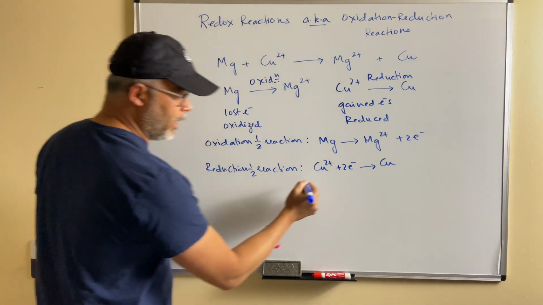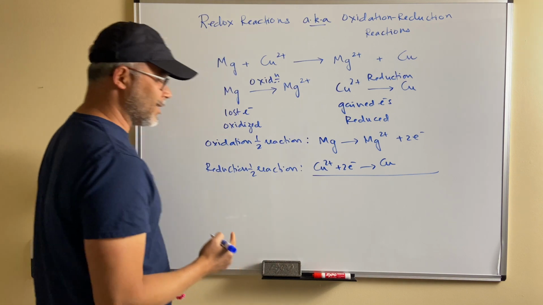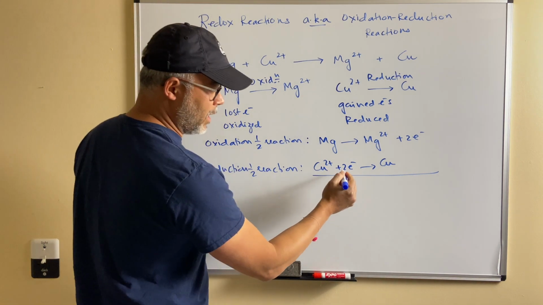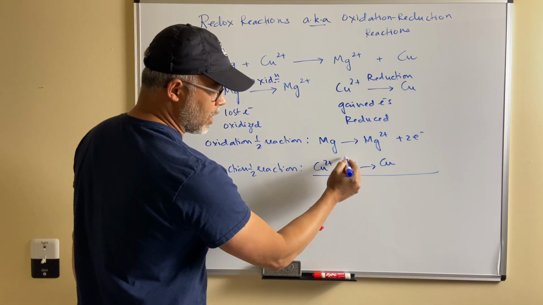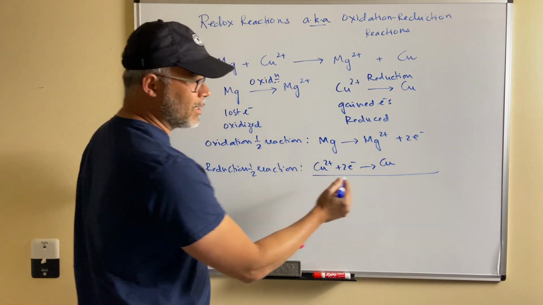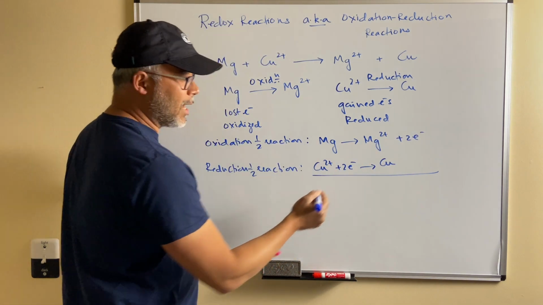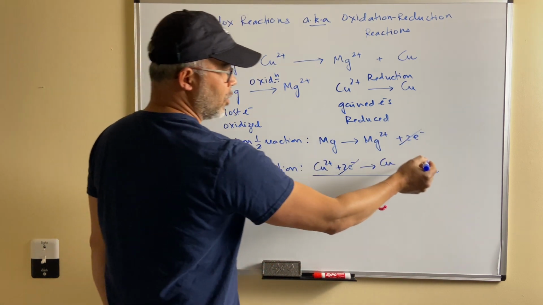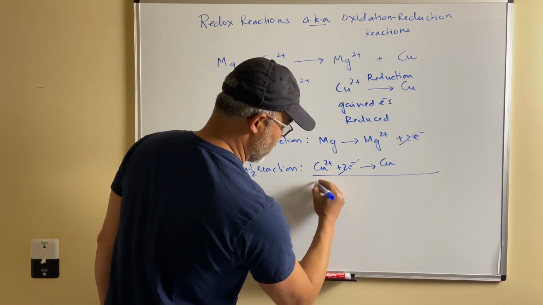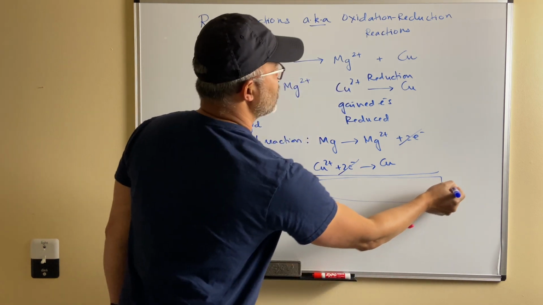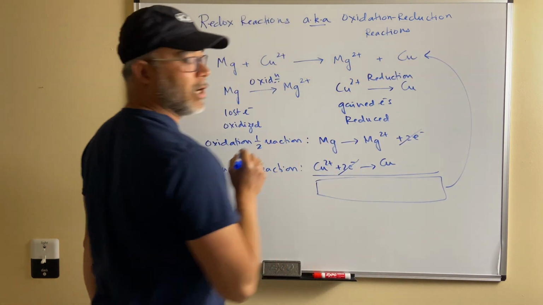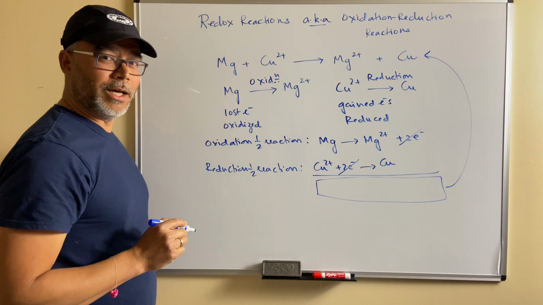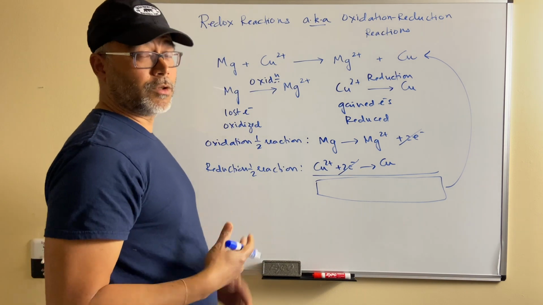Very interestingly, if you add the oxidation half and the reduction half, because these electrons are on the reactant side and these are on the product side, they'll cancel each other out. Whatever you get is essentially the redox reaction we began with. So that's a good way to check if you wrote the oxidation half and the reduction half correctly.